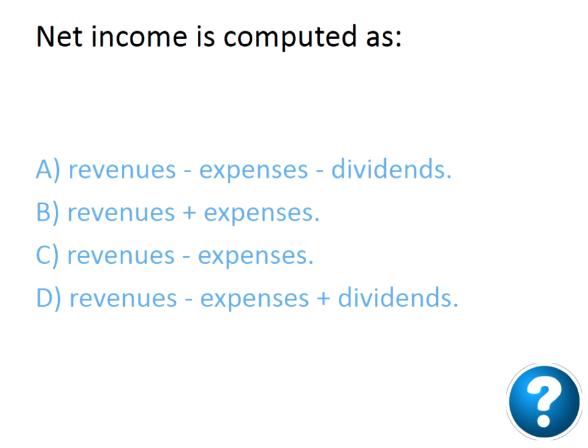Okay, so another question. This one should be pretty straightforward. Net income, how do we compute net income? Is it A, revenues and expenses, or revenues minus expenses minus dividends, or is it B, revenues, expenses, C, revenues minus expenses, D, revenues minus expenses plus dividends.